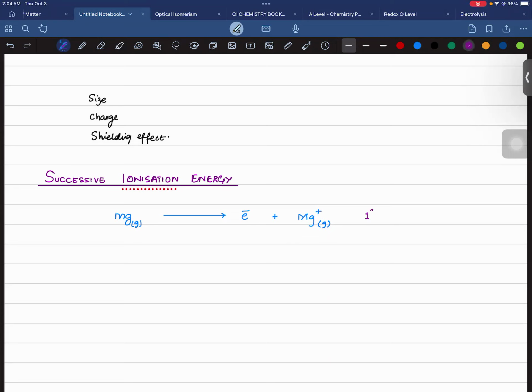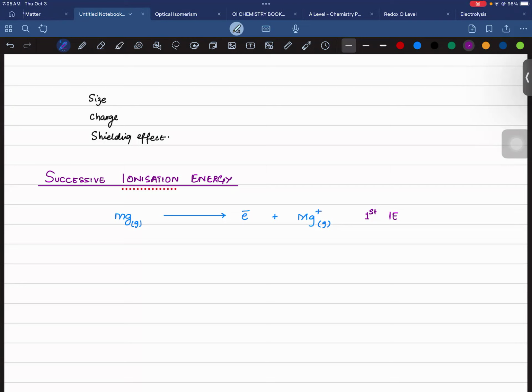But as you know, magnesium is in group 2, so magnesium has an ability to lose 2 electrons. When you have removed the first electron from the outer shell of a magnesium atom, it would be having +1 charge.